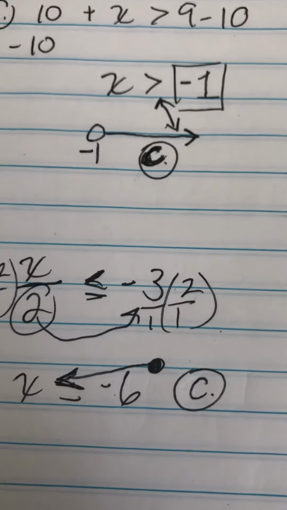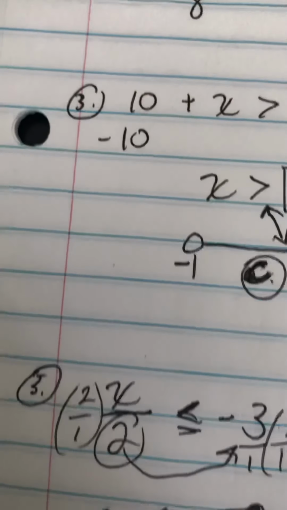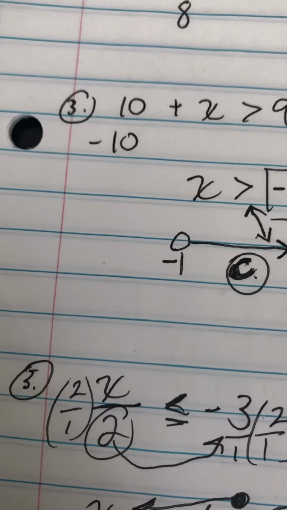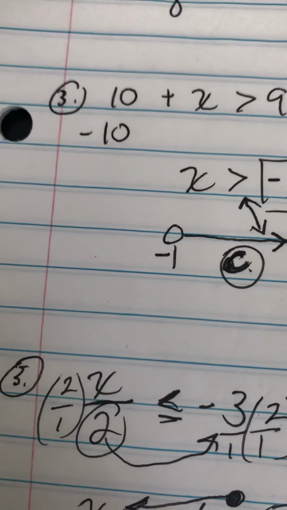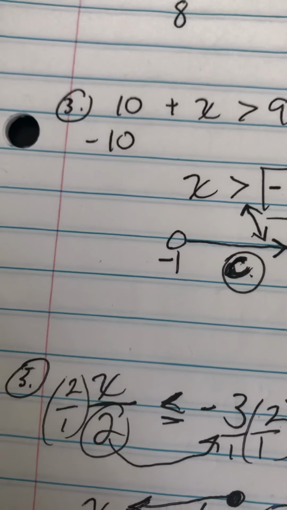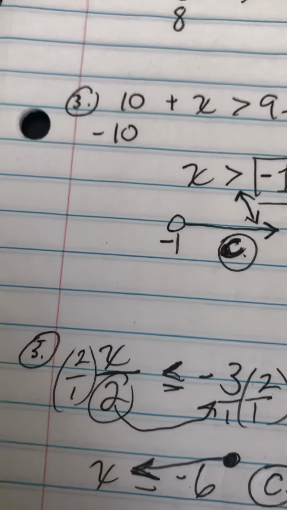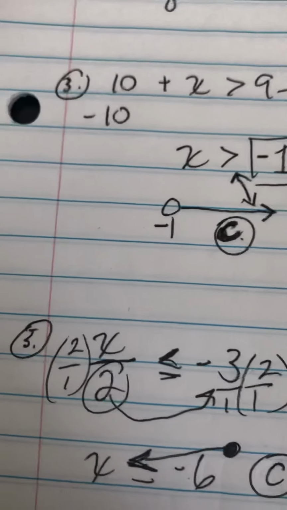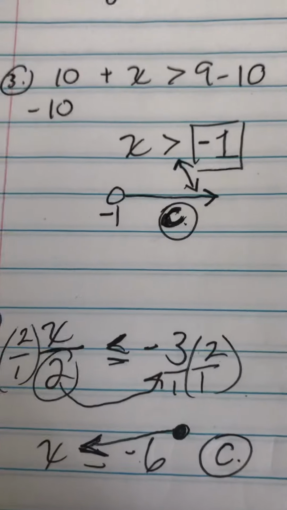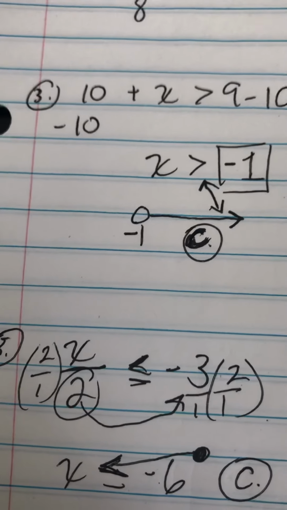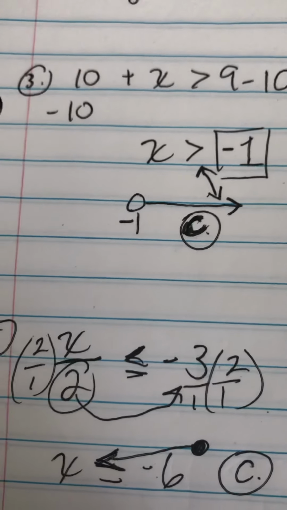We said that 5 was C. 5 is C. Okay, why did I say it was A? I don't know, maybe my eyesight got bad or something. All right, and then number 6. Number 6 should be D. What in the fudge is going on, Mr. B?